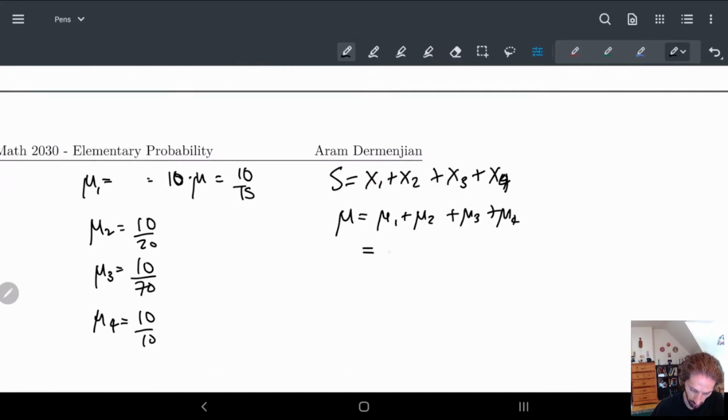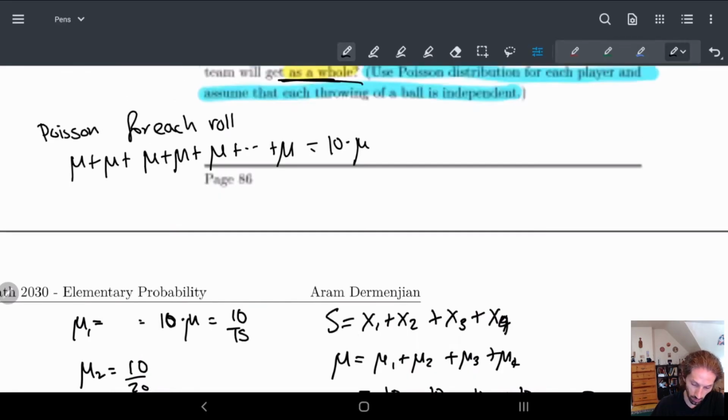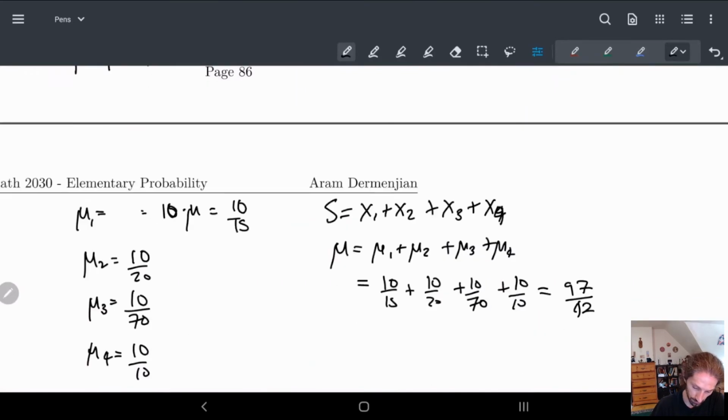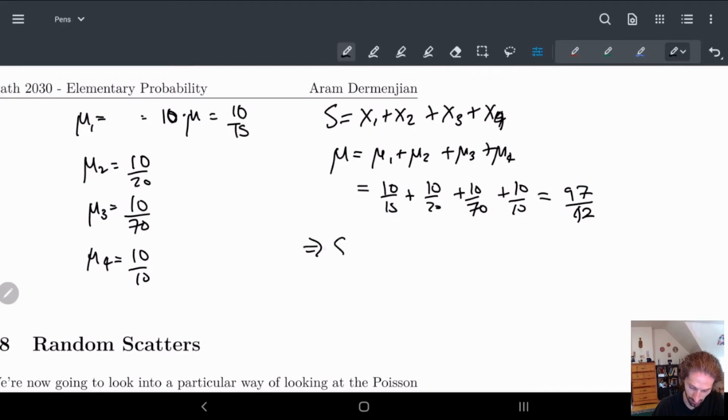So this is 10 over 15 plus 10 over 20 plus 10 over 70 plus 10 over 10. If we add these up, this gives me 97 over 42. I'll let you do the calculations there. But since we're told that if I do this sum, I get a Poisson random variable with parameter this, this implies S is Poisson.